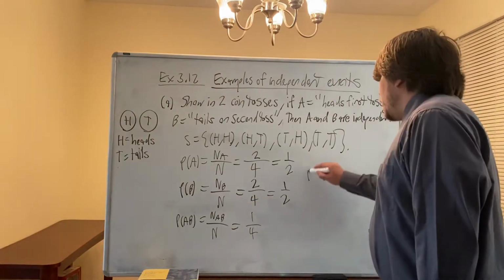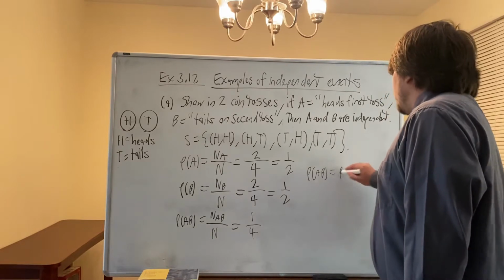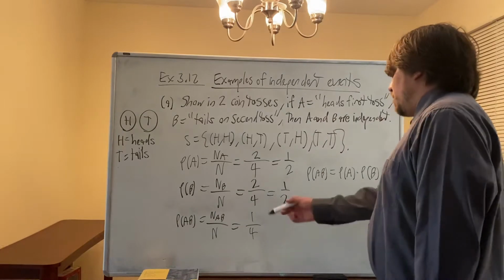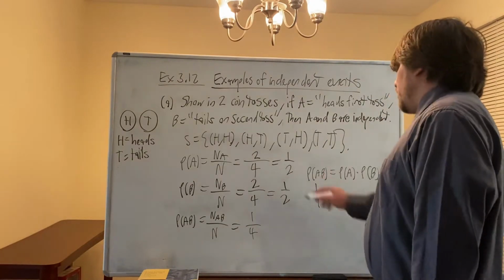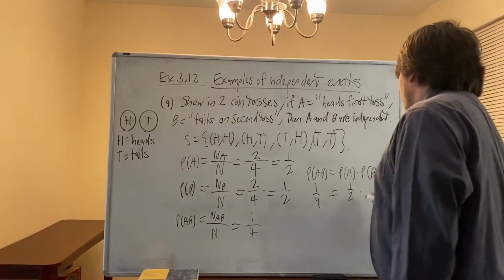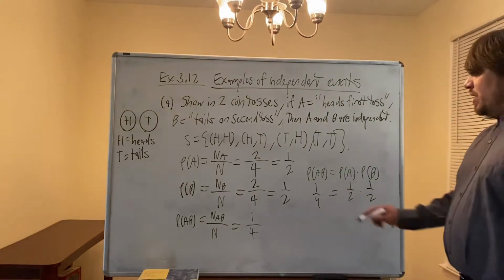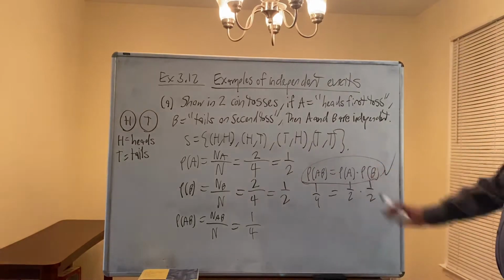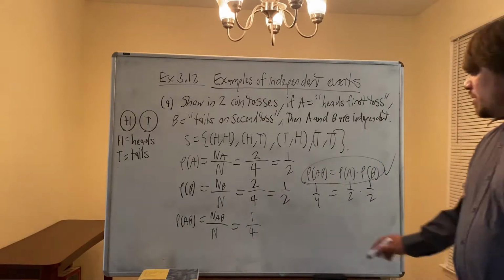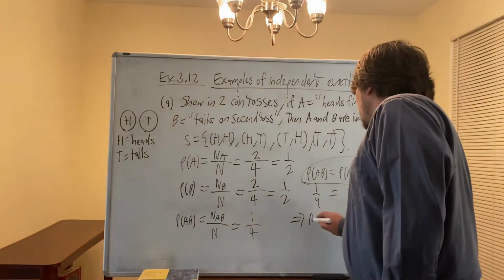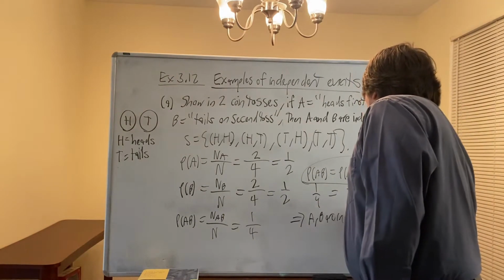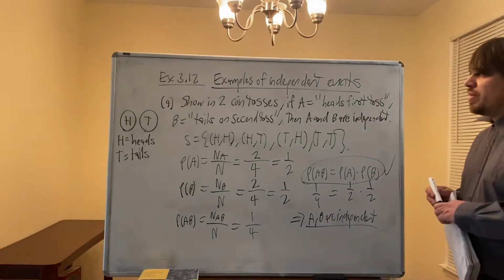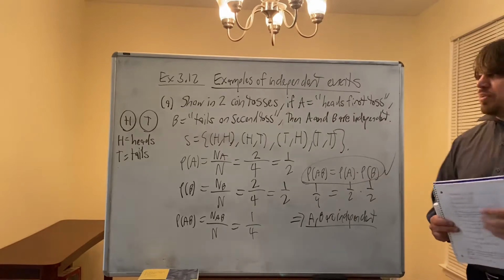So the probability of AB is equal to the probability of A times the probability of B. That's because the probability of AB is 1/4, the probability of A is 1/2, the probability of B is 1/2. So 1/4 equals 1/2 times 1/2. That's true. And so because that equation is true, that implies that A and B are independent events.